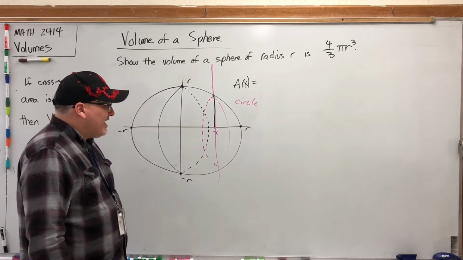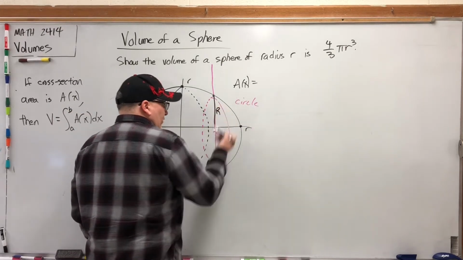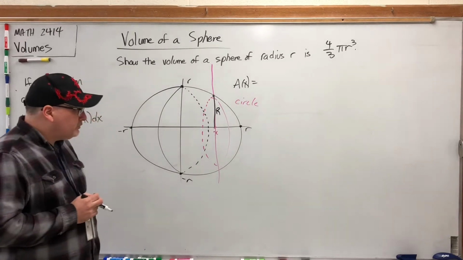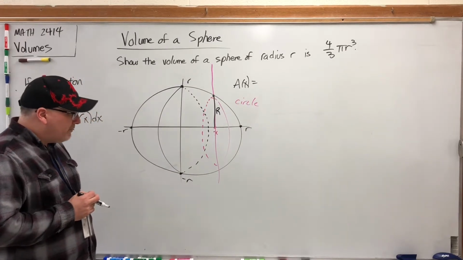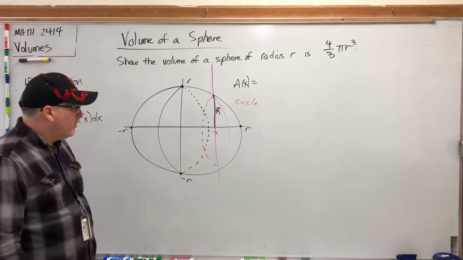Well, we need to connect what we're looking for. I'm going to put capital R for radius of the circle there. We need to connect what we're looking for to the x-coordinate that we're cutting on this plane.